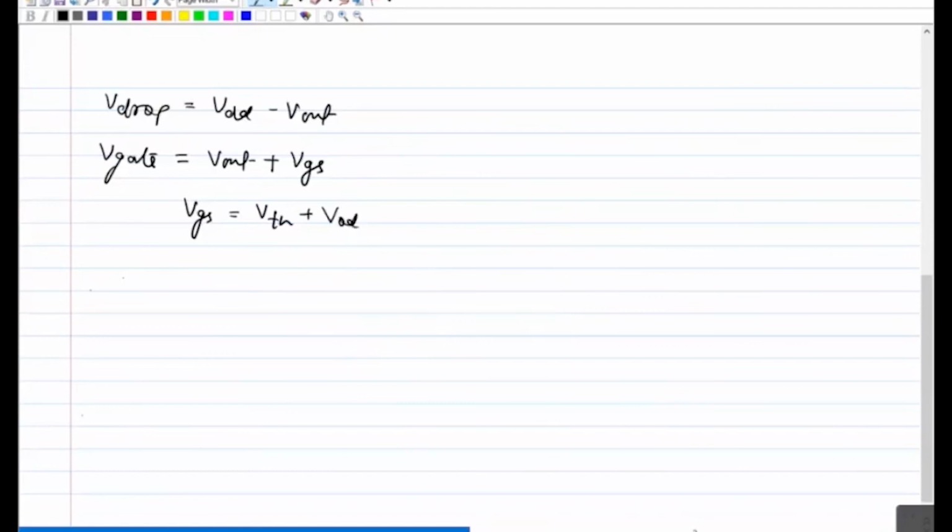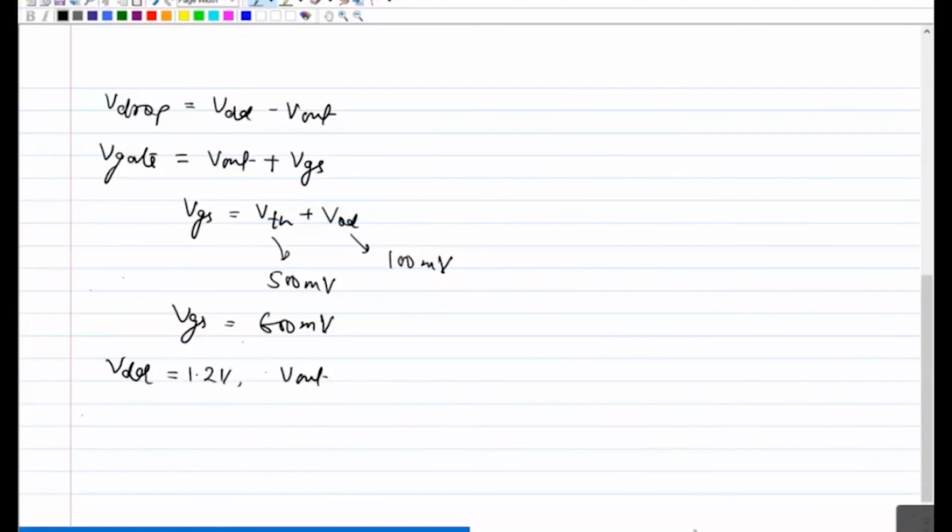Okay, and if this is, let's say, 100 millivolt and this is 500 millivolt, then VGS will be 600 millivolt. Now assume VDD is 1.2 volt, V out is 1 volt, let's say.